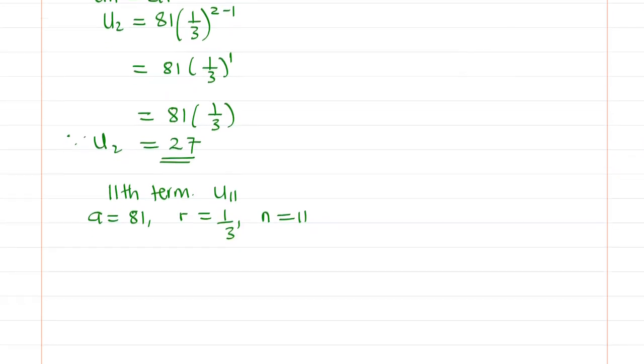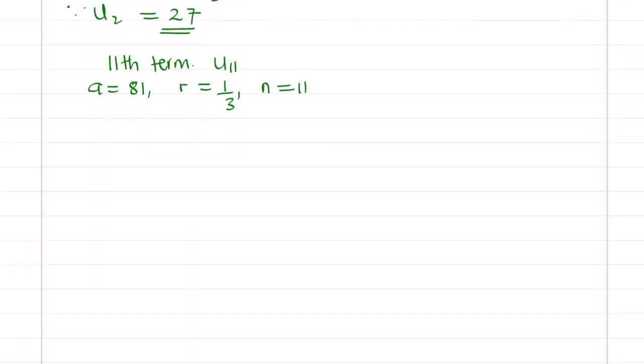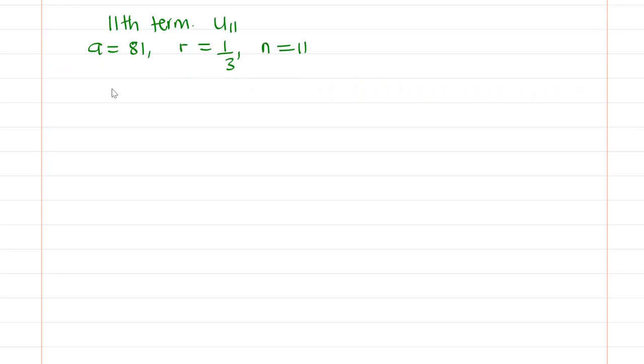Then we substitute in the formula, which is un equals a r power n minus 1. Therefore, u11, which is the 11th term, becomes a, that is 81 into r, 1 out of 3, power n is 11, but minus 1.